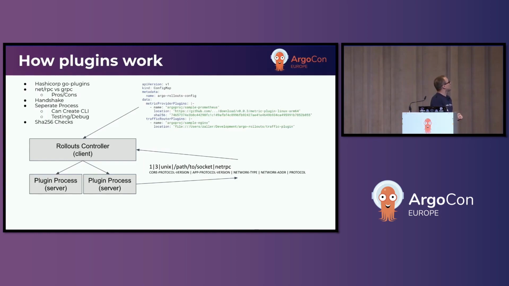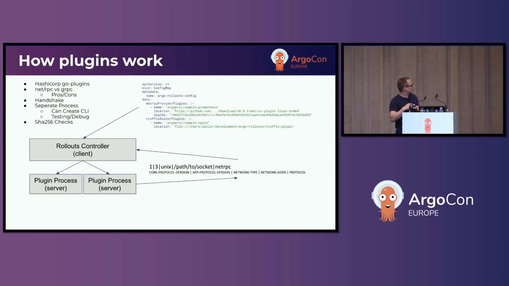And then the general gist, at a high level, of what plugins are: we use a library from HashiCorp called Go Plugins. It basically creates a remote procedure call type setup where the controller will act as the client and the plugins act as servers. The plugins will get spun up as child processes of the controller.